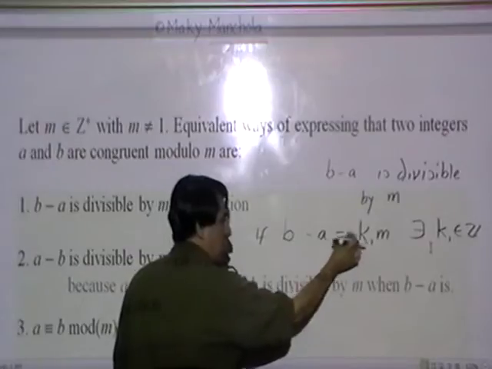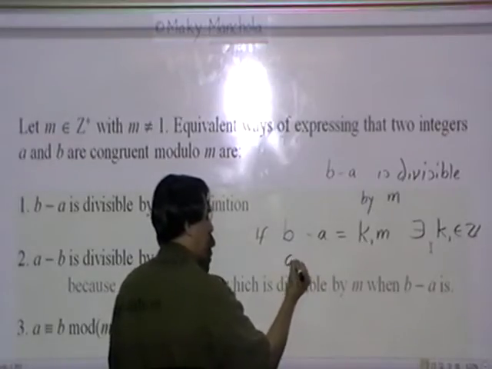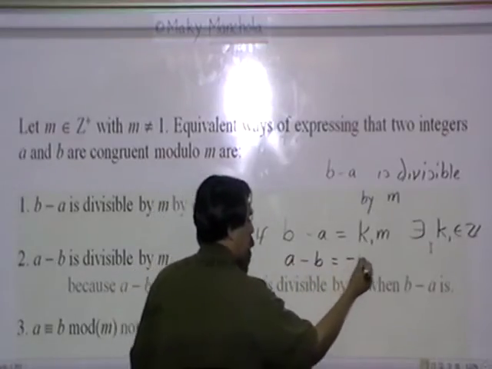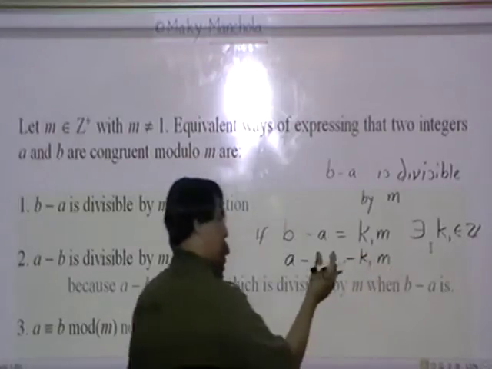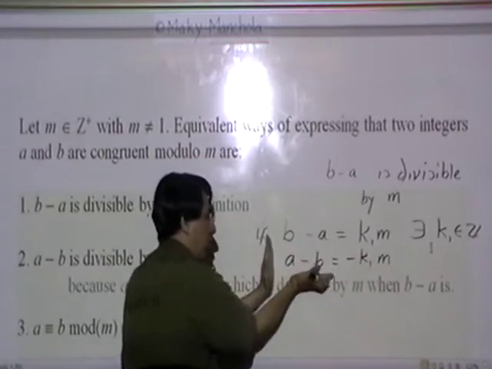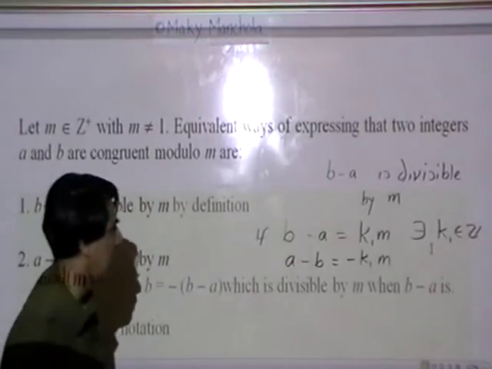All you have to do is change the sign. So you have a minus b equals negative k1 m. If this is true, this follows. Just multiply both sides by negative 1.